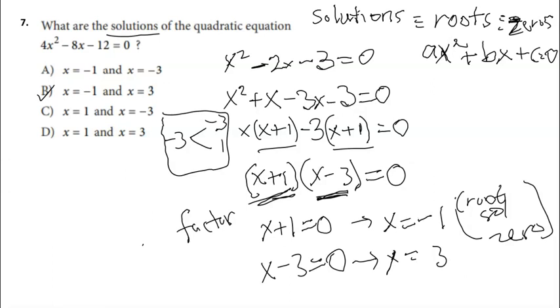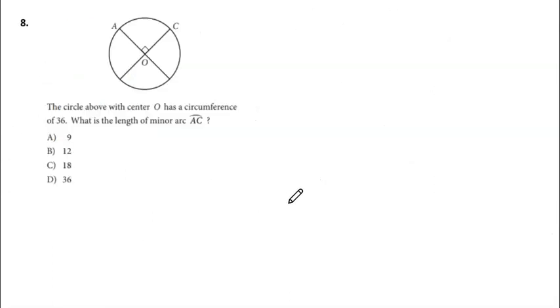Question number 8. This is a circle, right? And anytime you have a question, look at it and then see what is given. I'm sure a lot of people know this sign. This sign means right angle, right?